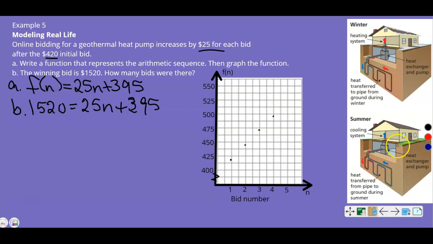If we're solving for n, the first thing we have to do is subtract 395 from both sides.